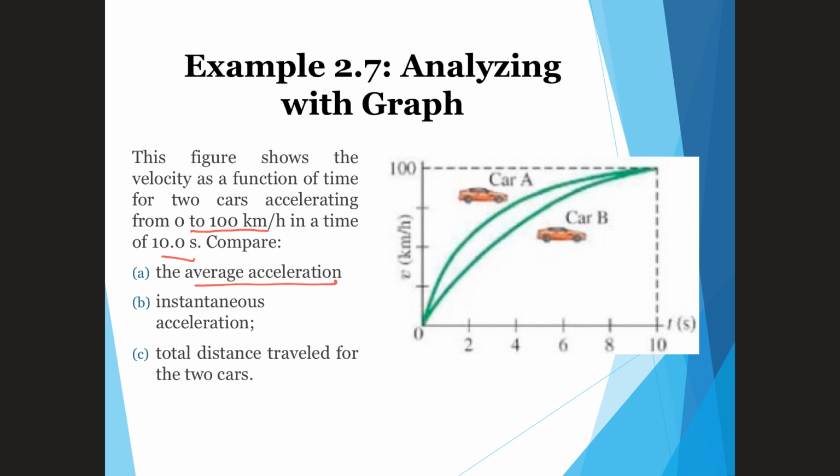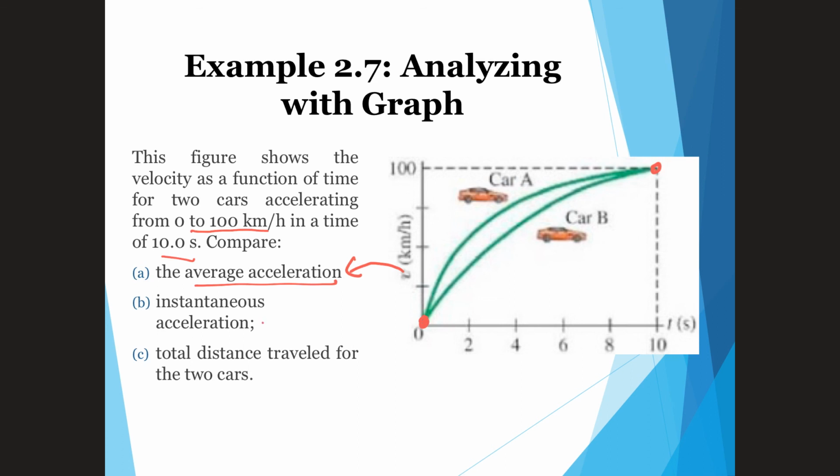The answer is car A and car B have the same average acceleration. Why? Because they start at the same point and finish at the same point.